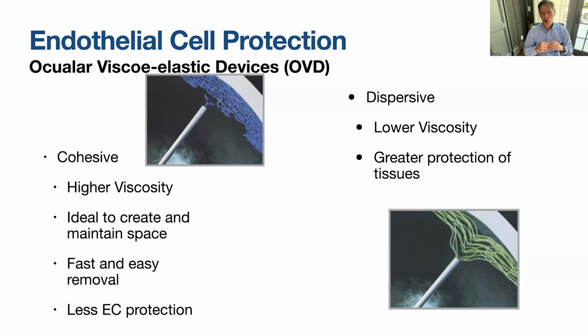They're easy to insert and they're easy to remove, but because the chains are linked to one another, they basically produce less endothelial cell protection, as opposed to dispersive viscoelastics, in which the chains are shorter. They have lower viscosity and they adhere much better to the tissues. They're harder to remove and harder to insert, but as they stay within the eye, obviously they help us protect the intraocular structures.